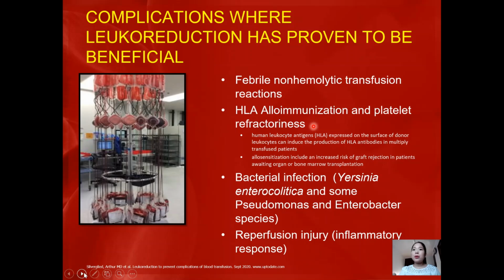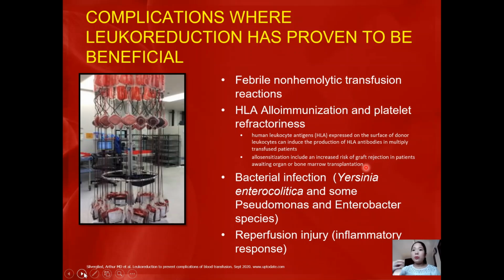Now remember, we all have human leukocyte antigens, but the HLA antigens expressed on the surface of the donor leukocytes in the packed red blood cell are noted to induce production of HLA antibodies in multiply transfused patients. These antibodies allow allosensitization that increases the risk of graft rejection in patients awaiting organ or bone marrow transplantation.